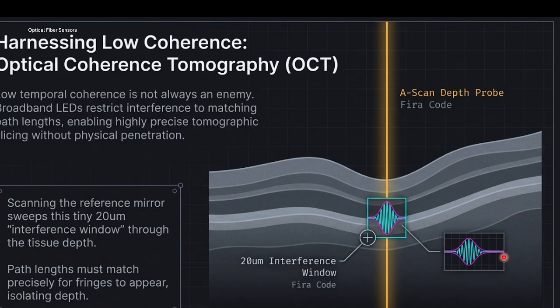Scanning the reference mirror sweeps the tiny 20 micron interference window through the tissue depth. The path length must match precisely for fringes to appear, isolating depth. Here you can see how the A-scan depth probe is penetrating through the tissue, and the 20 micrometer interference window is there.